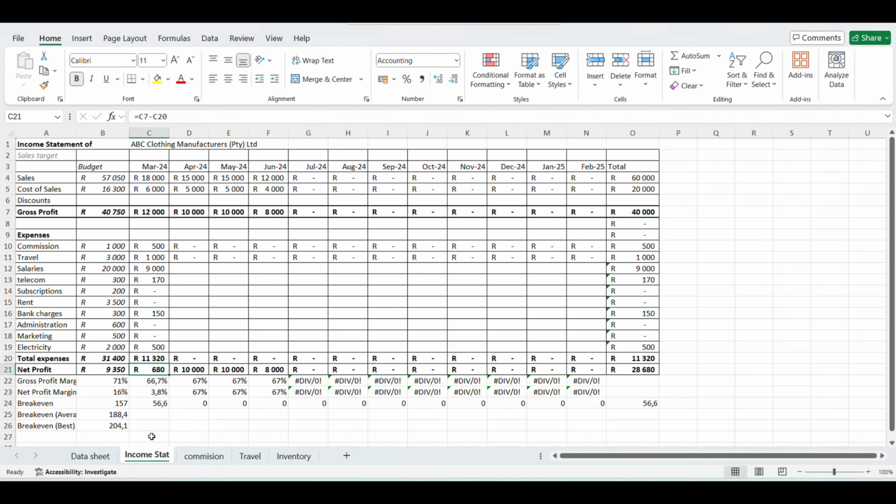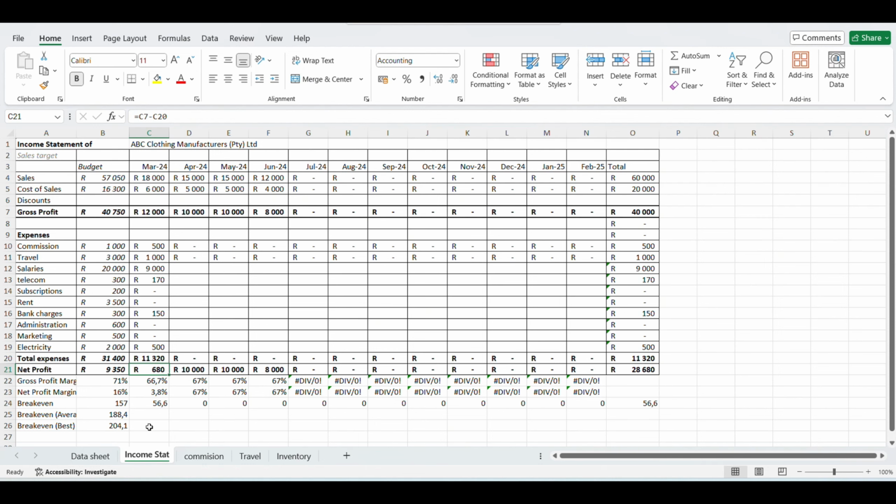They need more people, so maybe 2 more employees. They would need the equipment, maybe they're using domestic sewing machines, maybe now they would need industrial sewing machines. Maybe they need marketing tools, because it's easy to say you're going to make 160 dresses, but can you sell the 160 dresses? So you need marketing in order to reach a bigger customer base.